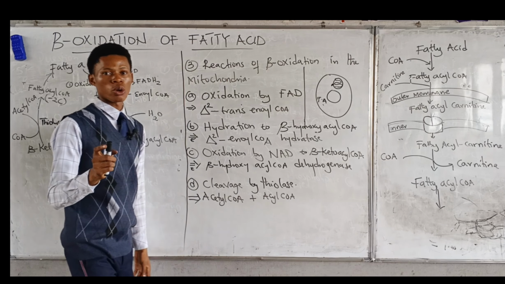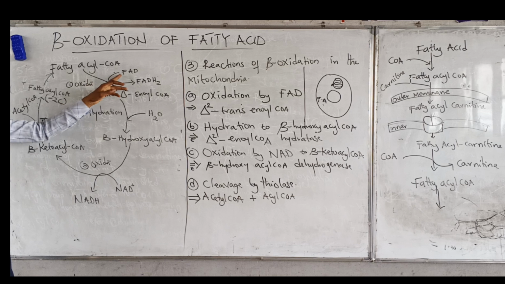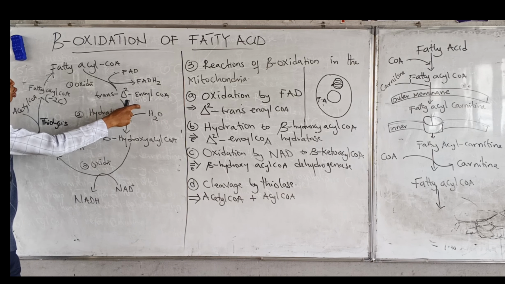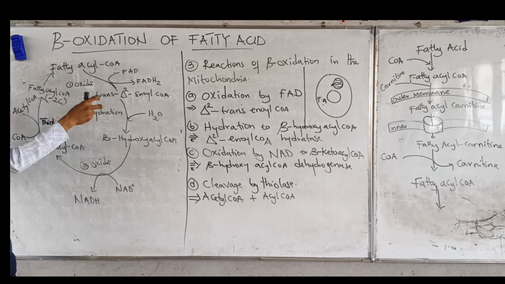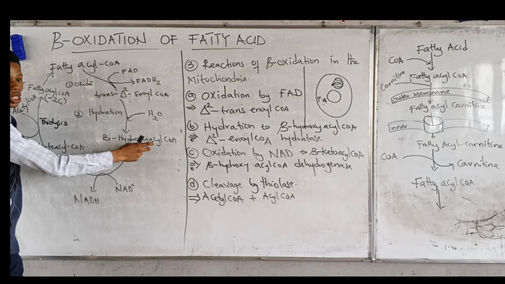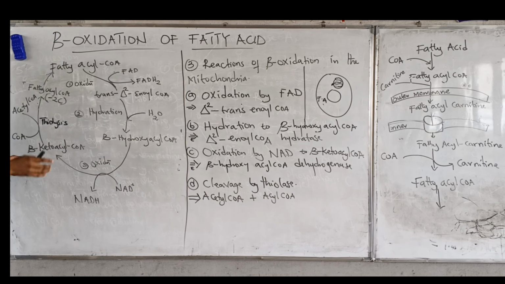Now, as the fatty acid-CoA is formed, it undergoes the first reaction, which is oxidation by FAD. FAD oxidizes it by adding a double bond between carbon 2 and 3 to form enoyl-CoA. Water is added, hydration, and the OH of the water is added on the beta carbon, right, to form beta hydroxy acyl-CoA. Next, that OH is oxidized to a ketone group to form beta keto acyl-CoA. Then thiolysis or cleavage: this beta keto acyl-CoA is broken down.